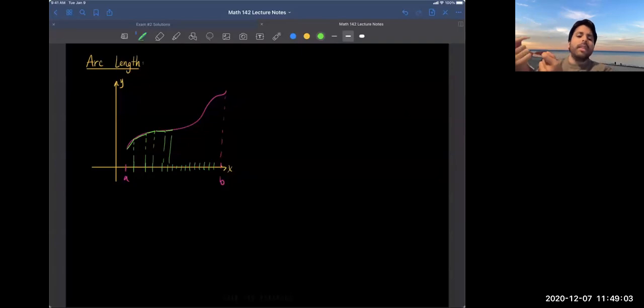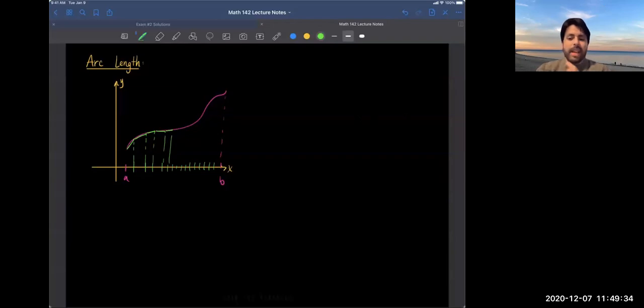And wouldn't it make sense to add up all those line segments and let the number of line segments go to infinity, which would indicate that their thicknesses become infinitesimally small? The more line segments you create, the shorter they will be, right? And eventually at infinity, which is the beautiful idea behind calculus, it forms into the integral.